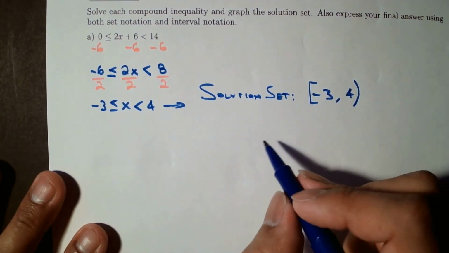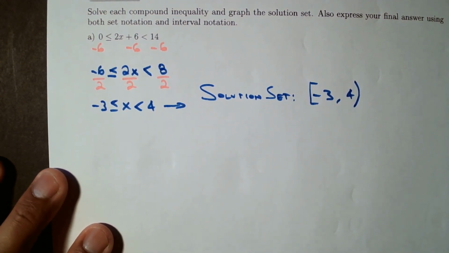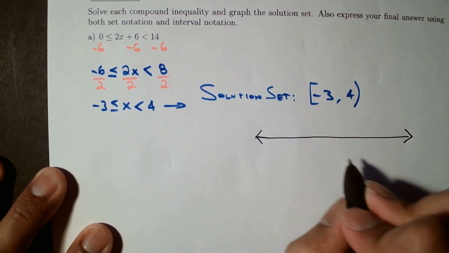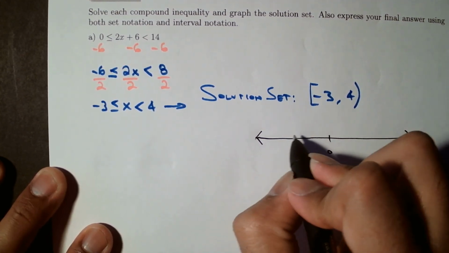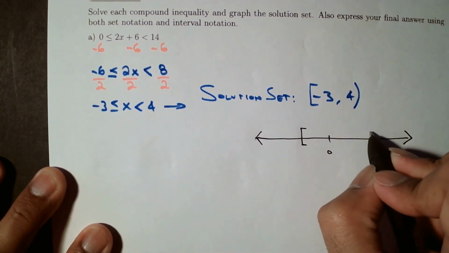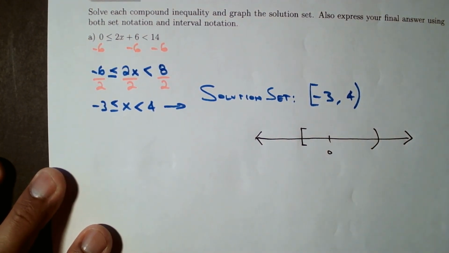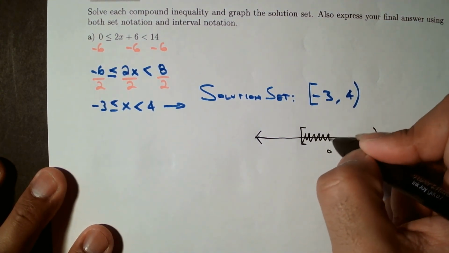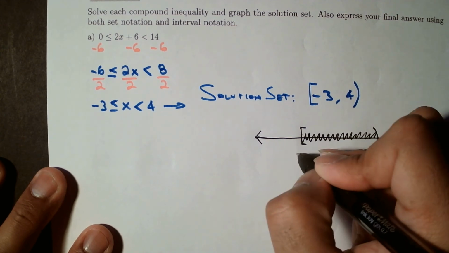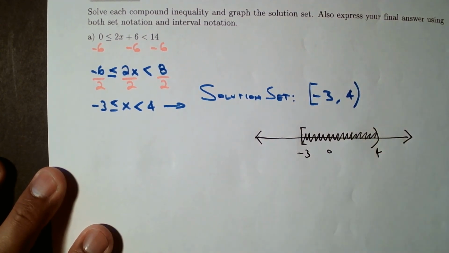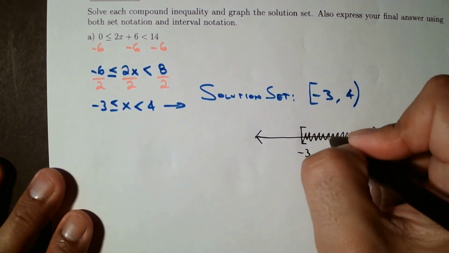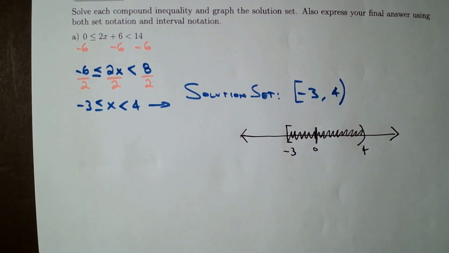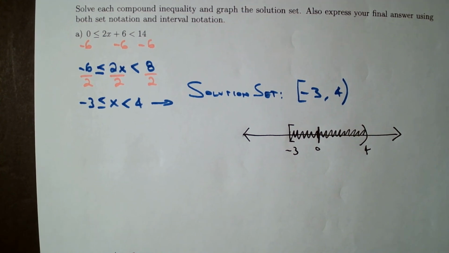Now, how is this going to look on a number line? If 0 is right in the middle, then we have -3 to 4, and all we do is simply shade. In this case, I'm not going to do colors. That's simply -3 to 4. I'm going to put the 0 over here. And yes, see how these are way shorter to solve.